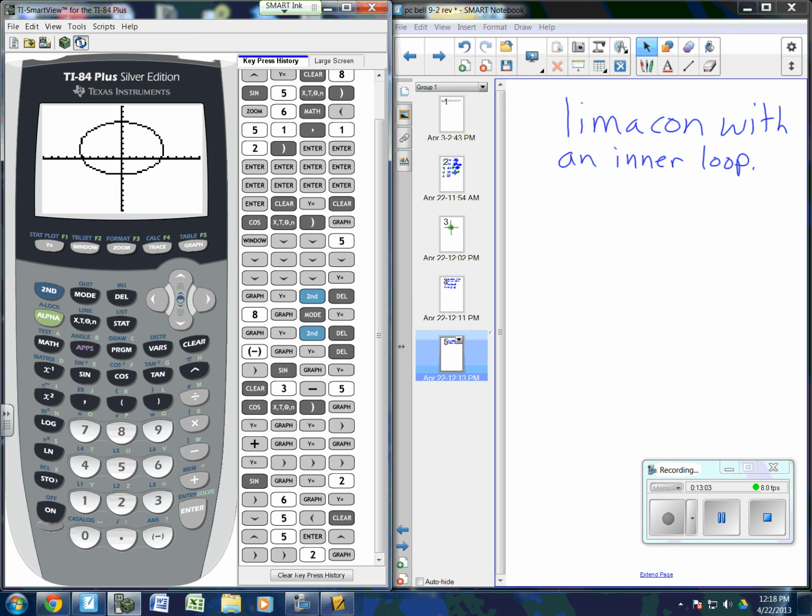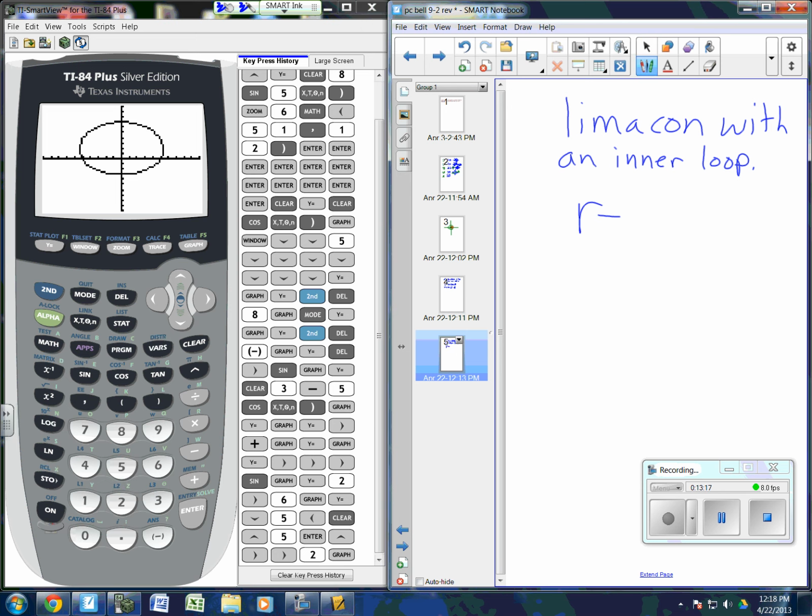Oh, well, you guys, what's the equation for that? Let's write it down. This is R equals, and let me use the same letters I used in here so we just get it right. A plus B cosine of theta. Or R equals A plus B sine of theta, right?